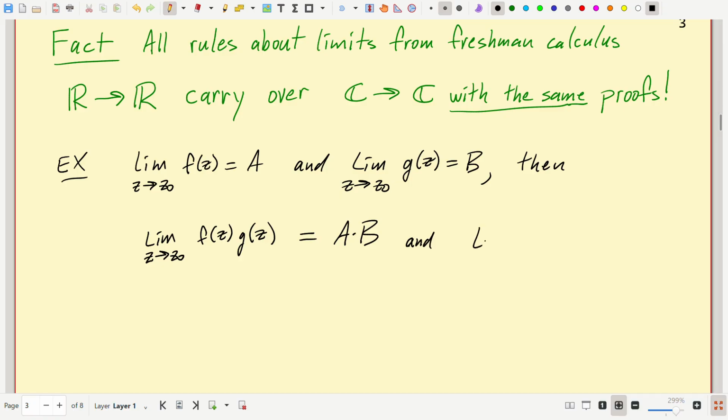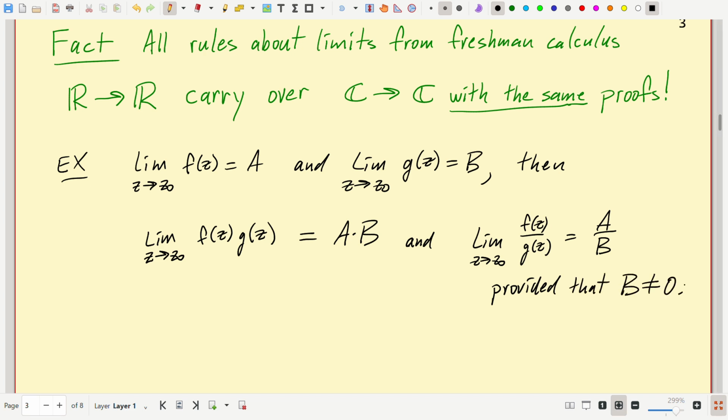The limit as z goes to z naught of f of z over g of z would be a over b, provided that b is unequal to 0. Doesn't matter in the first one, the product. In the quotient, it does matter.